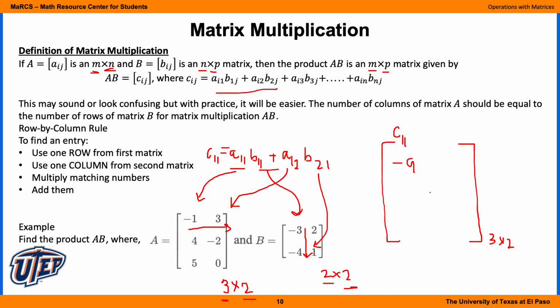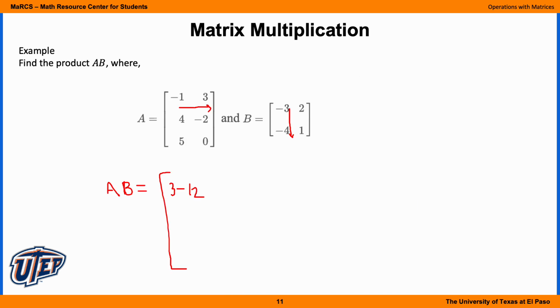And now we repeat the process for the entries right here, since we'll have a 3 by 2 matrix. So we found the first entry in the first row by doing -1 times -3 and adding to 3 times -4. So now to find the entry right here, the second entry in the first row, we will still use this row, and now we will multiply by the second column. So we'll do -1 times +2 and add that to +3 right here times +1.